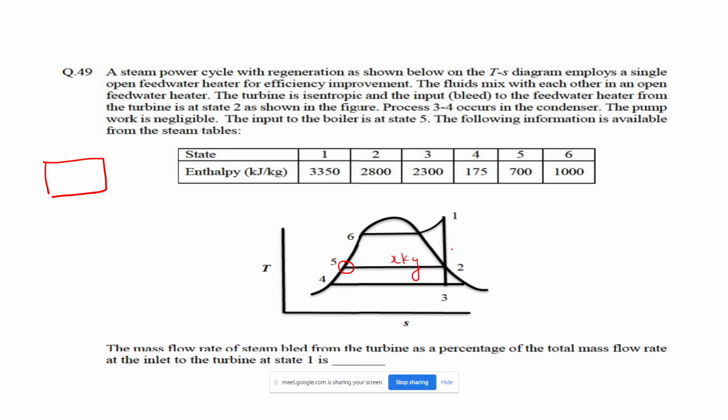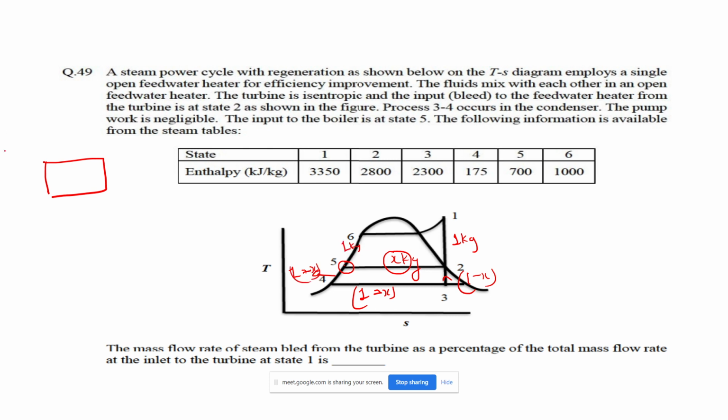We don't know the inlet, how much it is. If they are assuming this is 1 kg, they have only asked for x kg, what is the value of x. So 1 minus x will be here, here also it will be 1 minus x, and here it will become 1 kg.